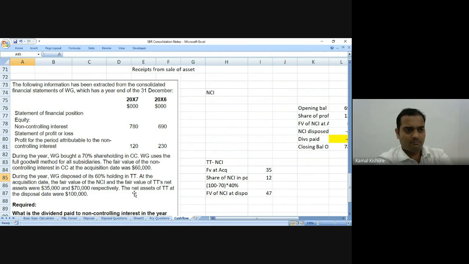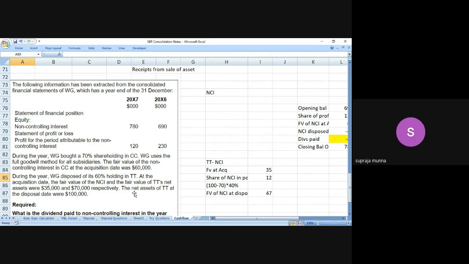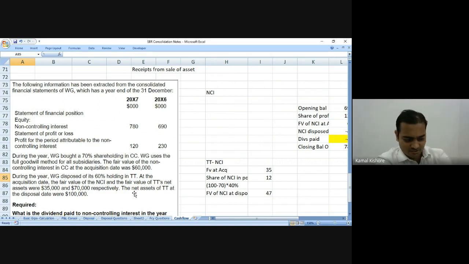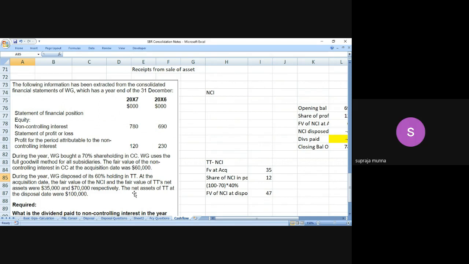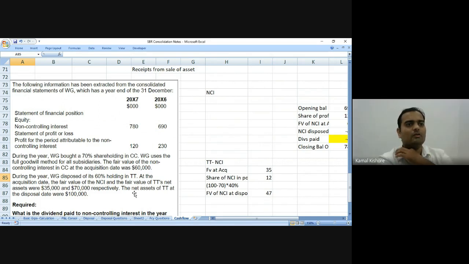But it is dividend paid. Confusing, right? The standard doesn't give an answer to this. I have also checked. There is no right or wrong answer here. Is this part of investment?